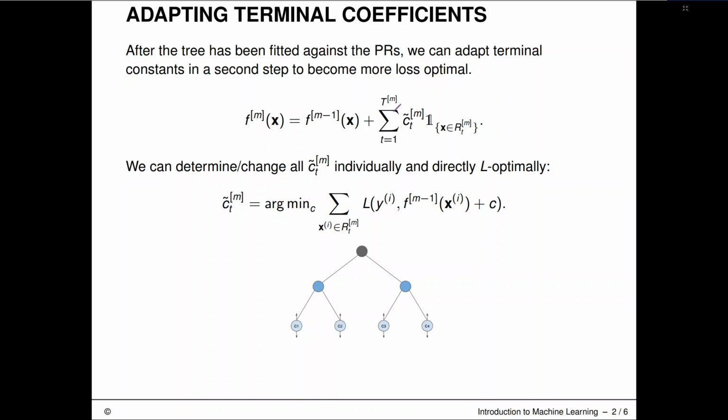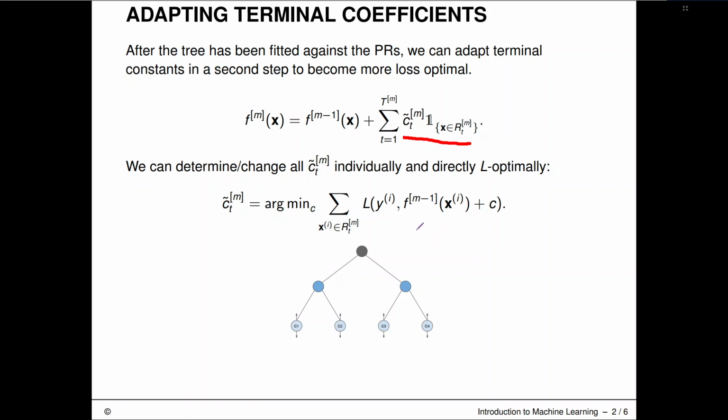You can see that this function, because of its additive structure, is separable in these components. So we can adapt the function individually for C1, individually for C2, C3, and so on, for each of these heights, and that will not influence anything. There is no interaction going on among these C's.